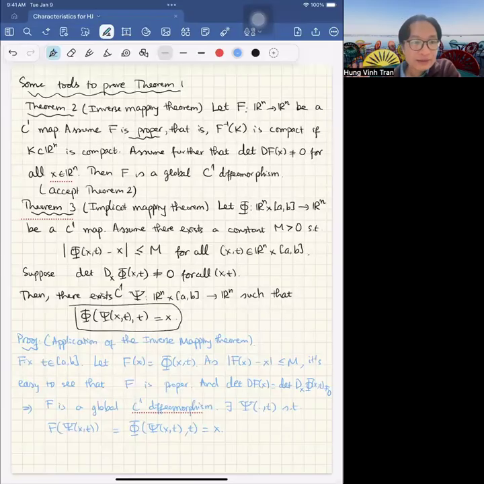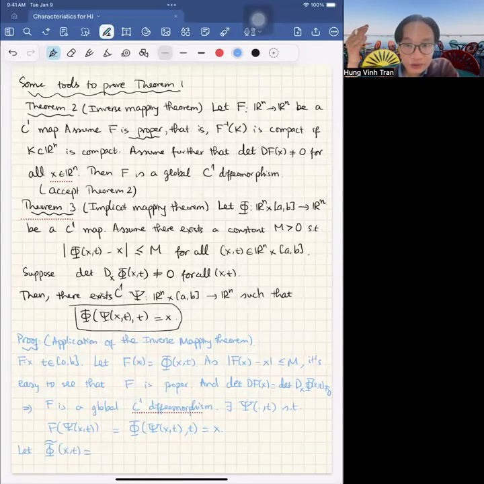What is missing now is that we need to verify that this function c is C1. To verify C1, it's also very simple. Now we define a new function phi tilde of (x,t) by adding the t variable to it. Remember phi is a function mapping from R^(n+1) to R^n, so we're missing one variable.